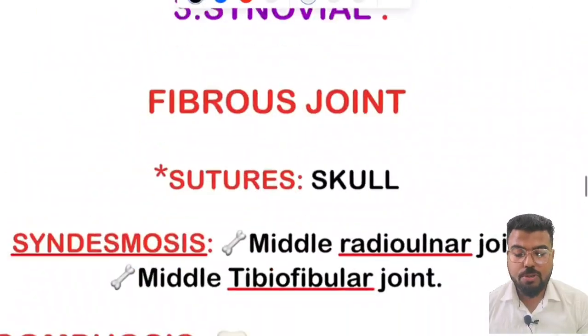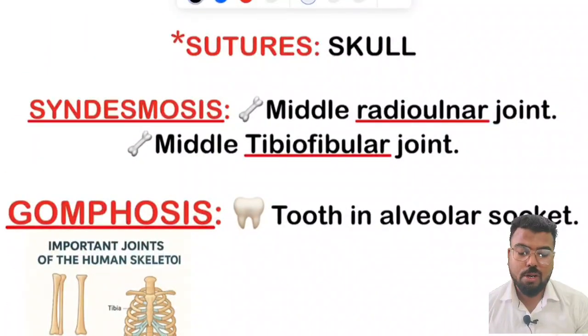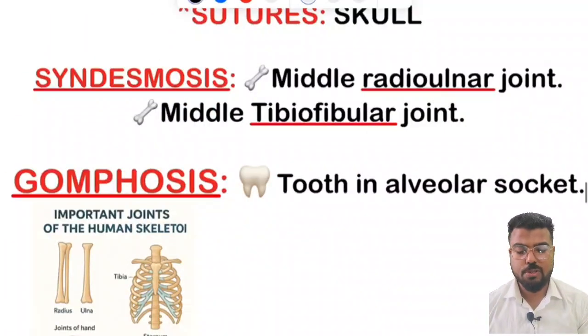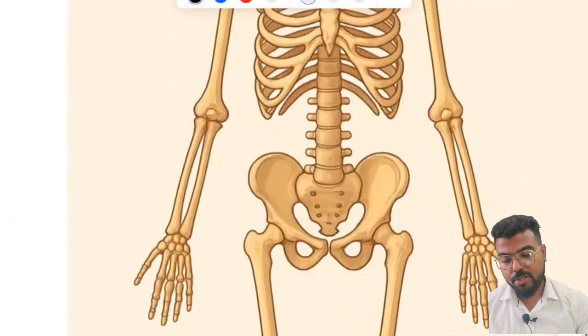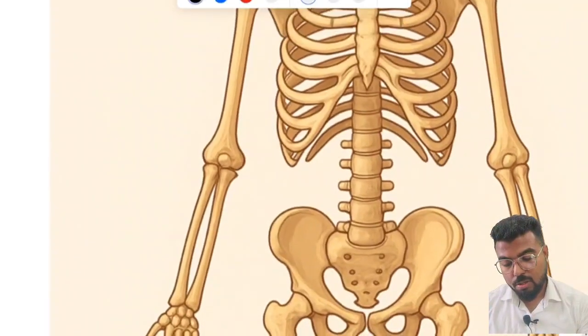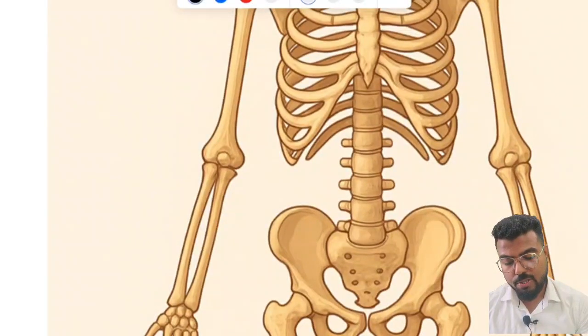And in syndesmosis, there is the middle radioulnar joint and the middle tibiofibular joint. This one is the radius. This one is the ulna. So between these two bones, this is the middle radioulnar joint.